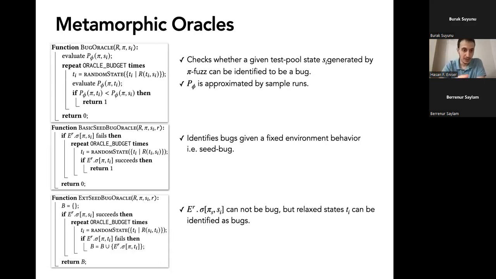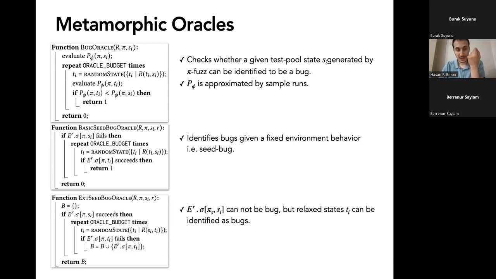So we are identifying bugs in different Ts. We don't stop, but continue reporting bugs. If you look back at the basic seed bug oracle, the bug is happening in state S here. So it's failing.